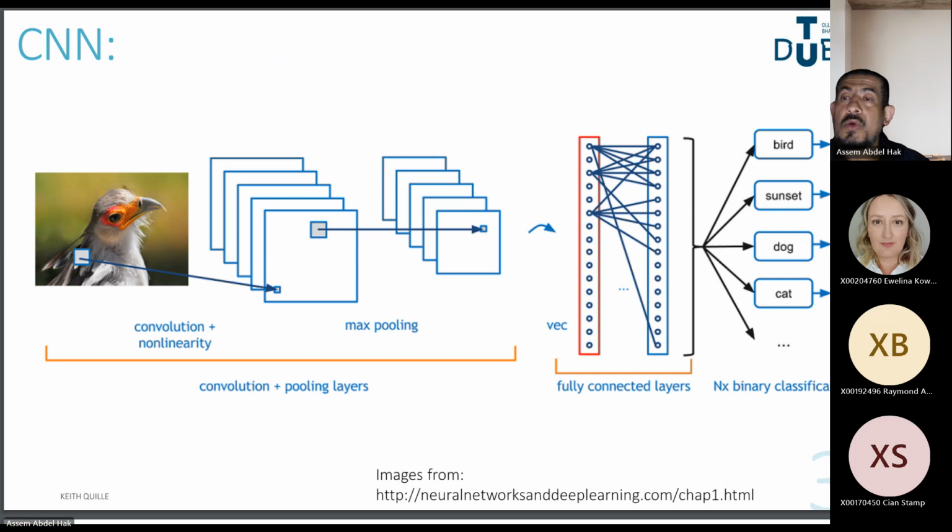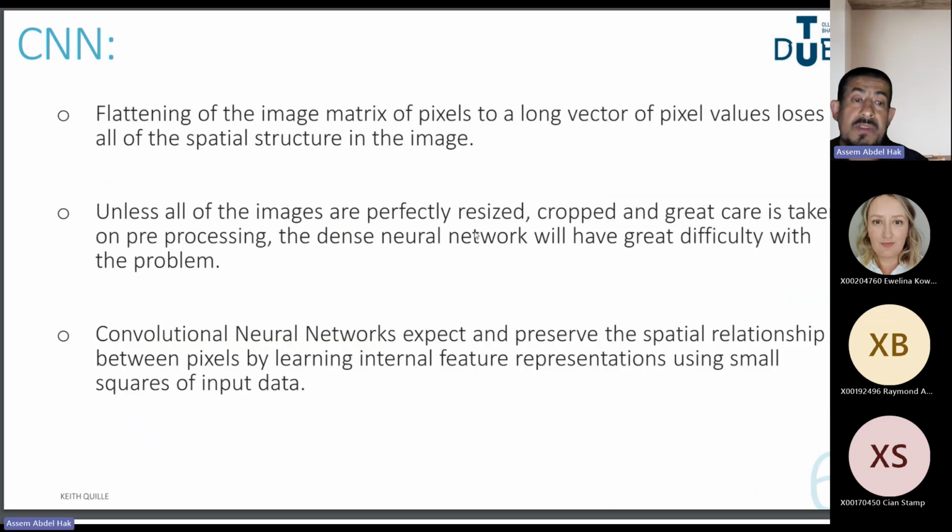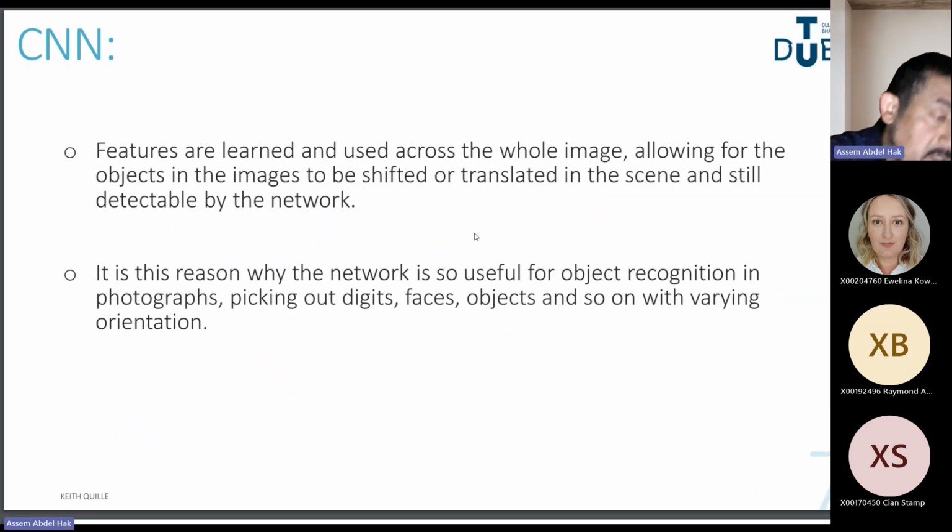If the output is 1, 0, 0, 0, that means this is a bird. 0, 1, 0, 0 is the sunset. 0, 0, 1, 0 will be dog. 0, 0, 0, 1 will be cat. Okay, that's what softmax does. Softmax is good for multi-classification.